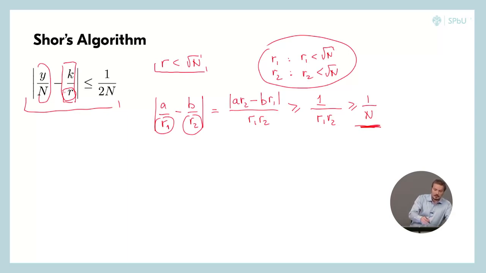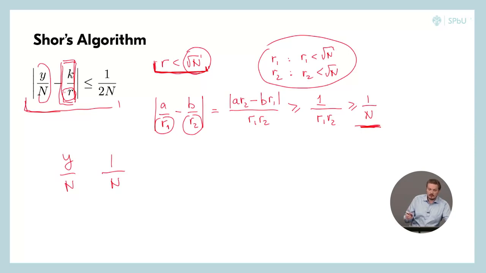If r happens to be less than square root of n, which is likely because n is quite a big number, then this value, k divided by r, is the only value with this quality in this neighborhood of y divided by n. So we have y divided by n, we have this neighborhood of the size 1 divided by n, and we can search in this neighborhood for the fractions with denominators less than the square root.